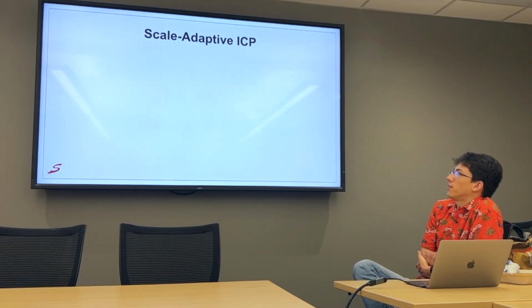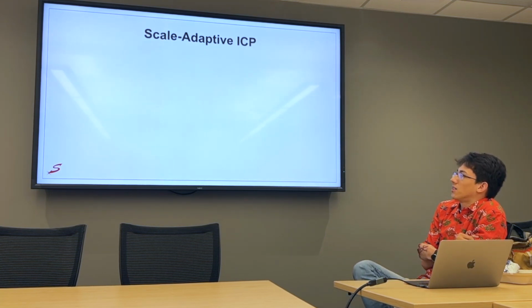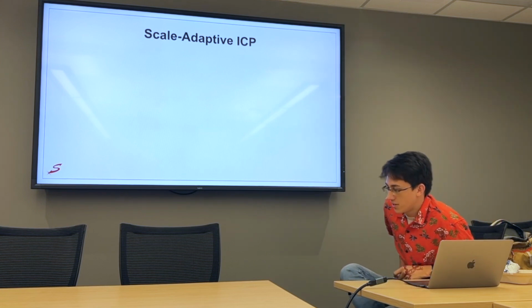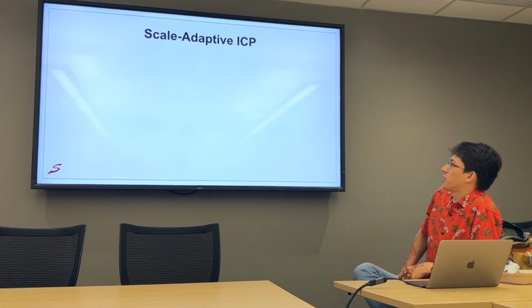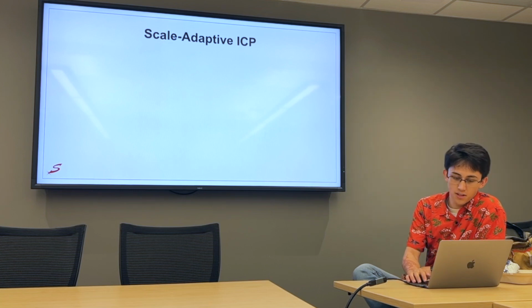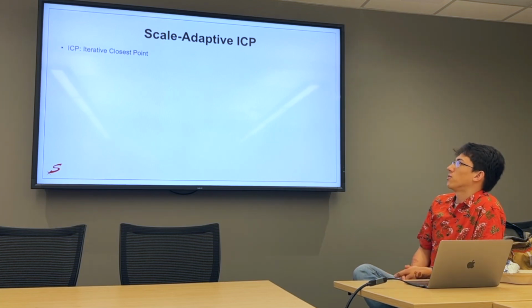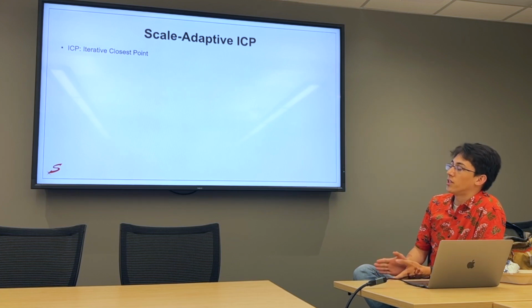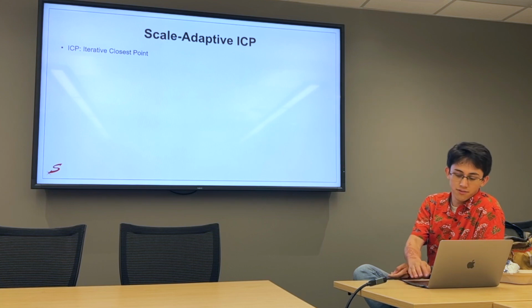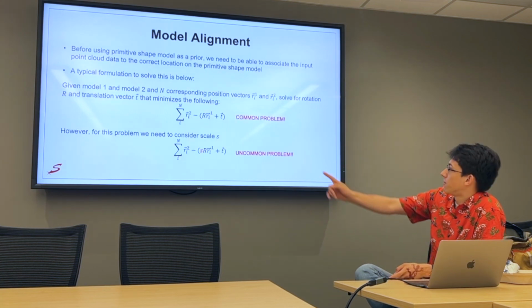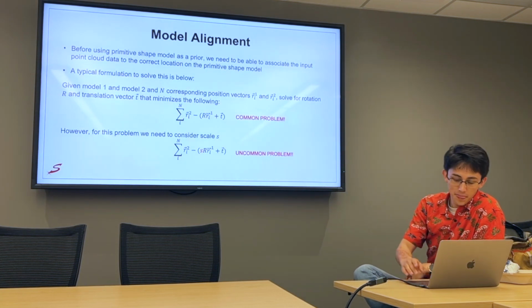So the solution I found to this was someone developed this algorithm called scale adaptive ICP. Just for a little background, ICP stands for iterative closest point, and it's a really famous algorithm that's used to solve that first problem, the common problem.